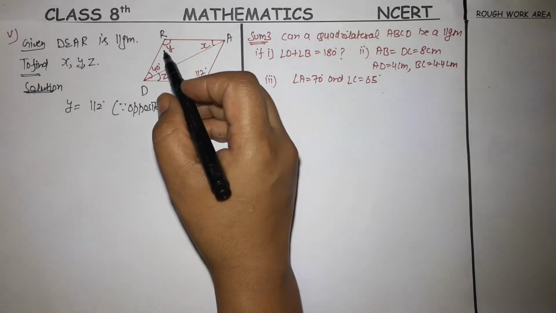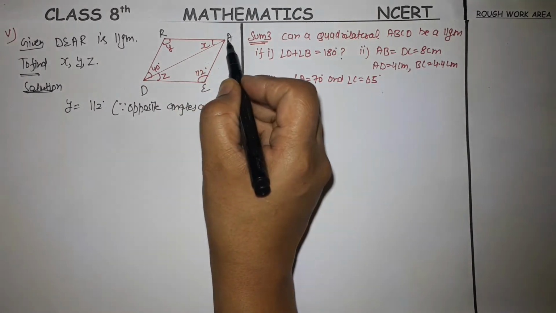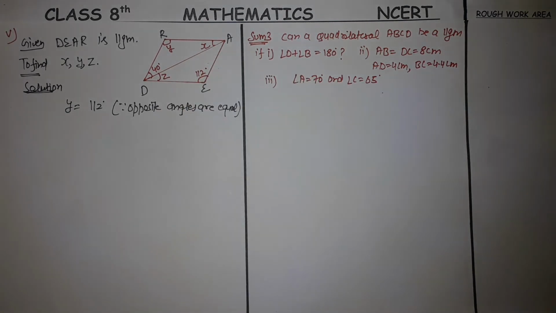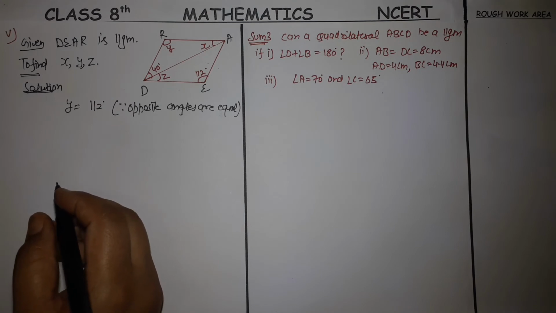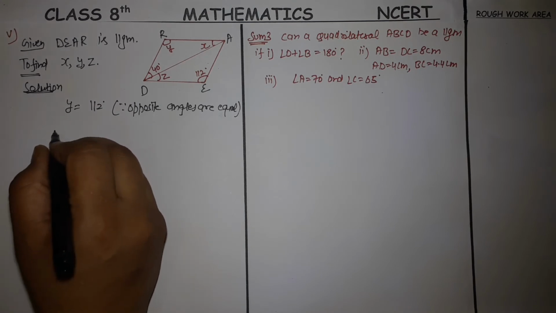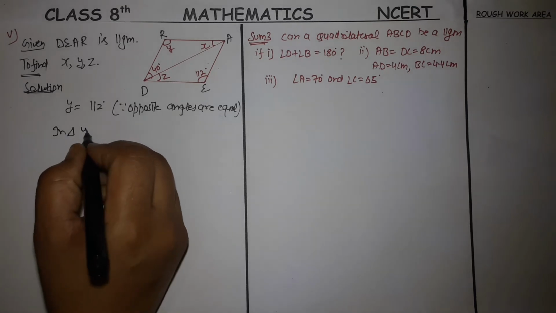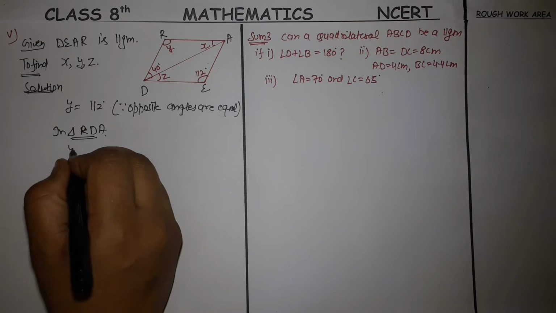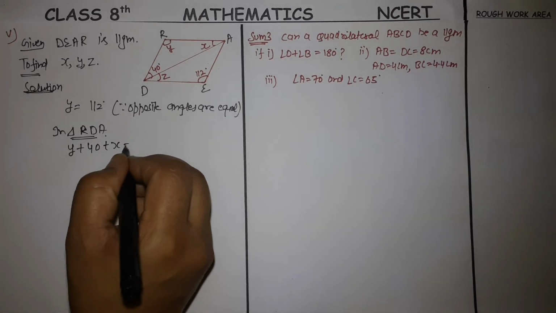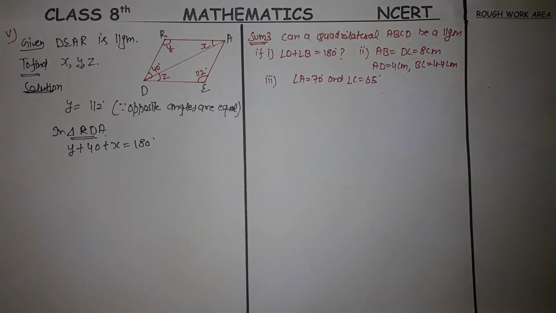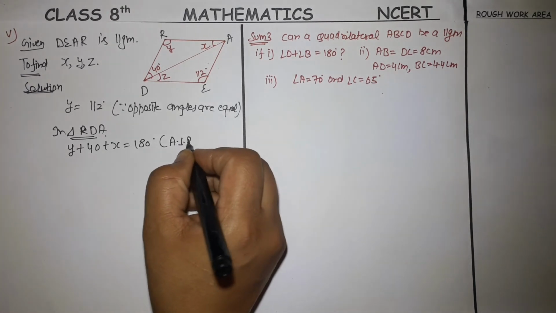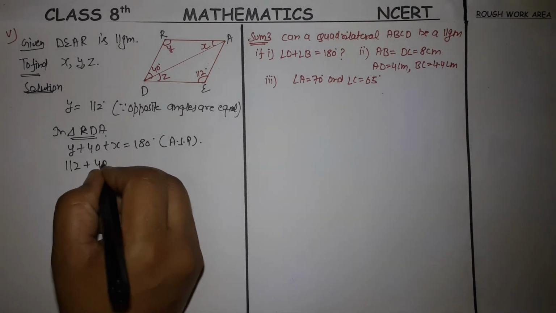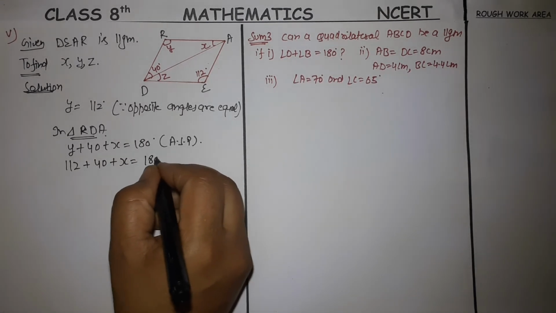Next, in triangle RDA, angle Y plus 40 plus X equals 180 degrees. Reason? Angle sum property of triangle. Angle Y 112 plus 40 plus X equals 180.